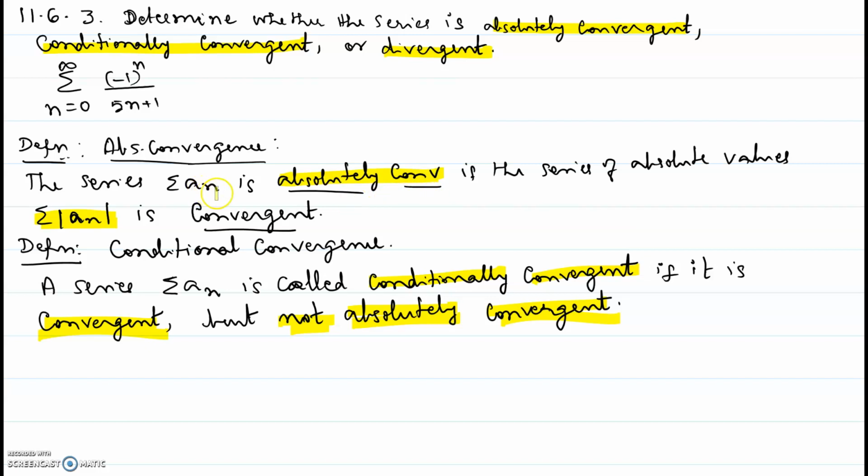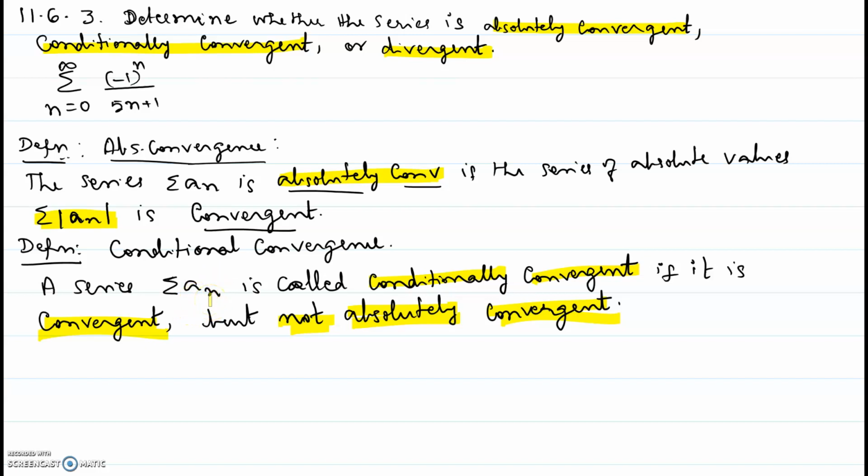Only when the terms change sign alternatively, or some of them are positive, some of them negative, then absolute convergence means sigma of absolute an is convergent. Now, what is conditional convergence? A series sigma an is called conditionally convergent if it is convergent but not absolutely convergent. Meaning sigma an is convergent. It could be an alternating series.